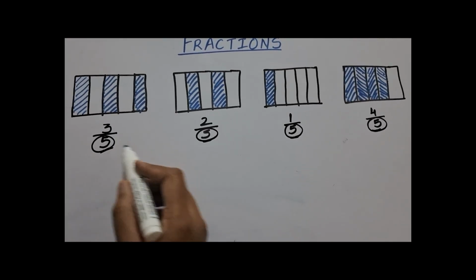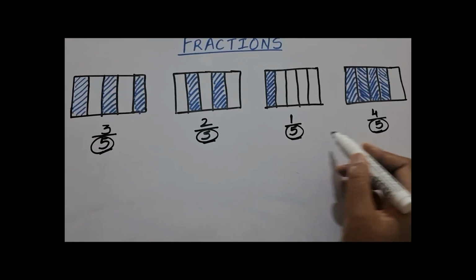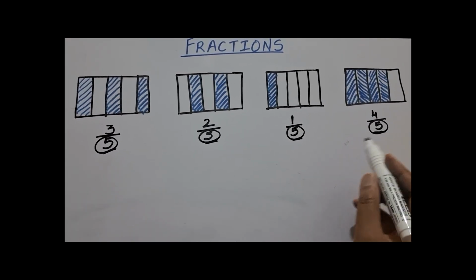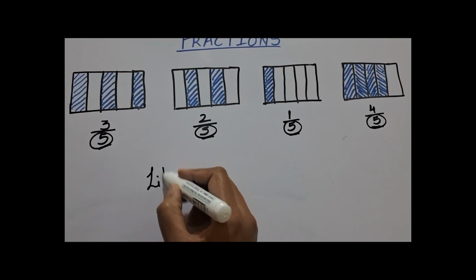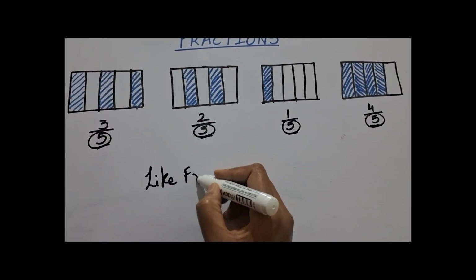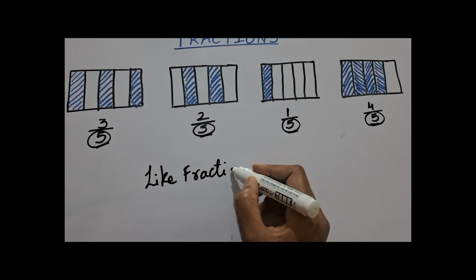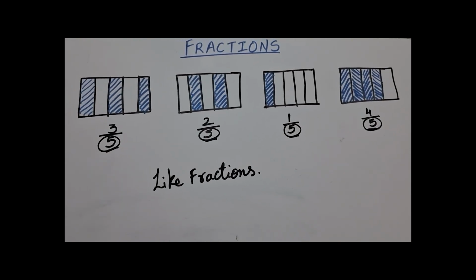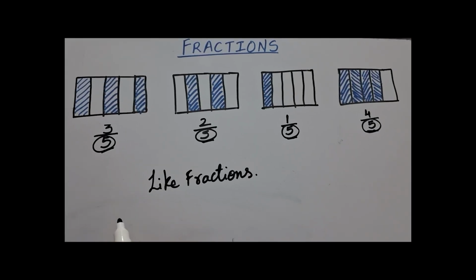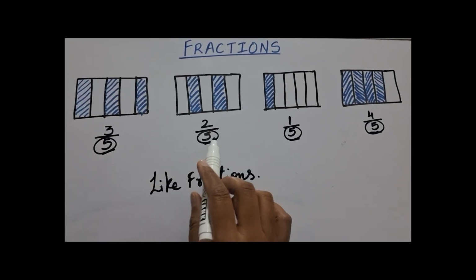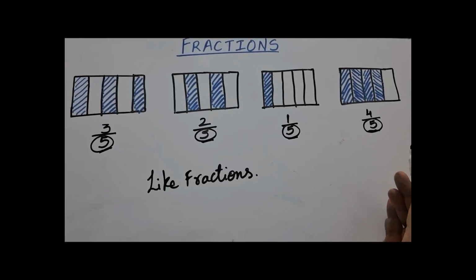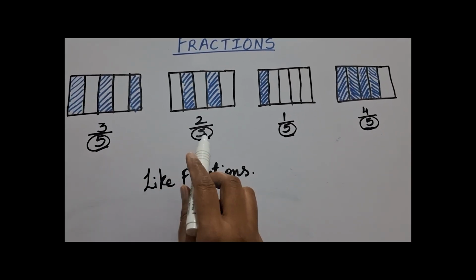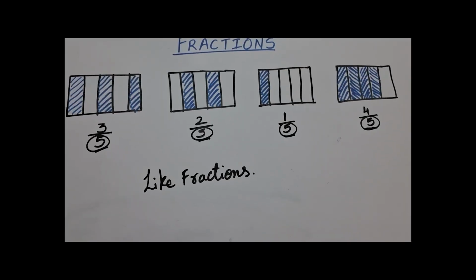So whenever the denominators are the same, those fractions are called like fractions. Okay children, 2 fractions or 3 fractions or 4 fractions are said to be like fractions if they have the same denominators.